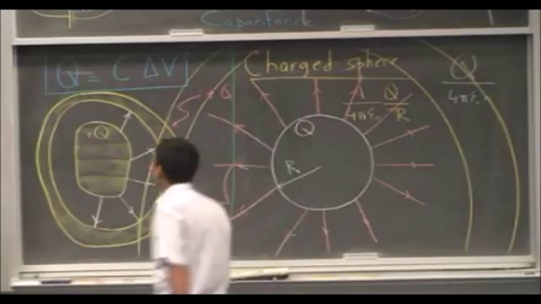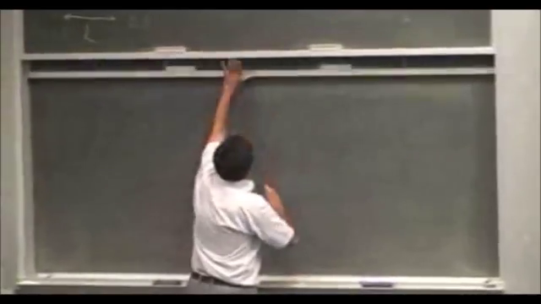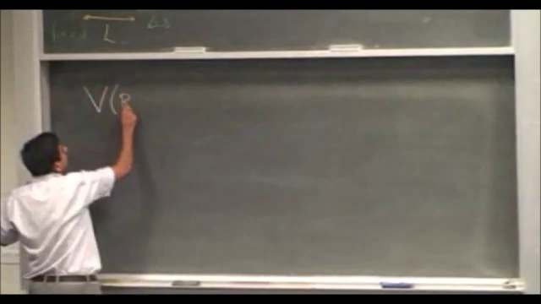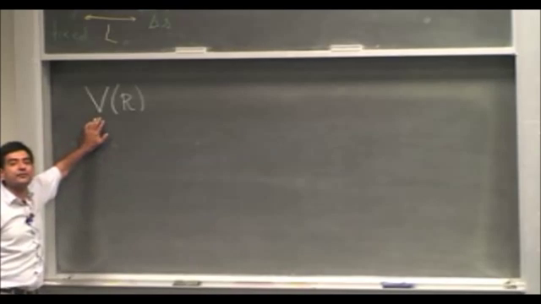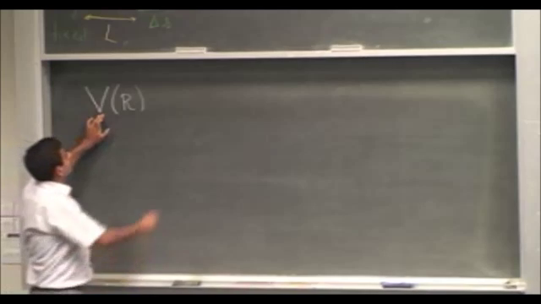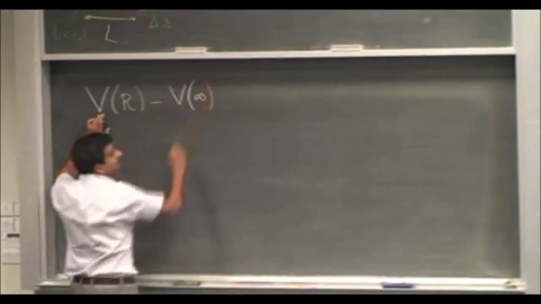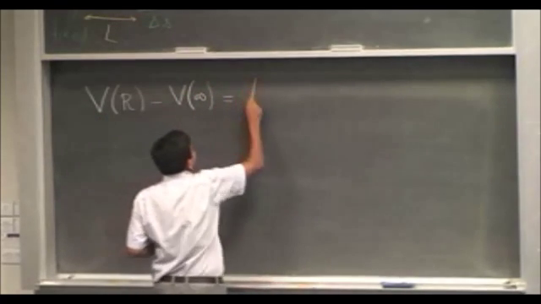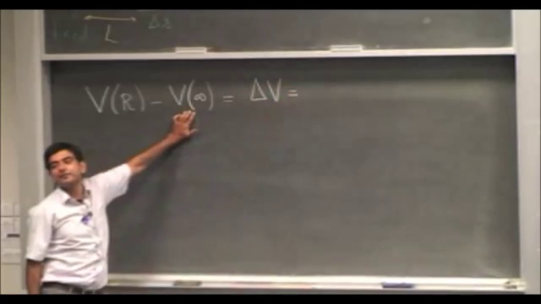Okay? So if I were to store charge on this spherical capacitor, I would like to find its capacitance. I already know that on the surface of this sphere there is a potential, and I subtract from it the potential when you are at infinity, and I call this delta V. Now what is the potential at infinity? 0.